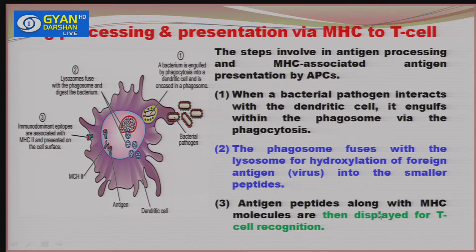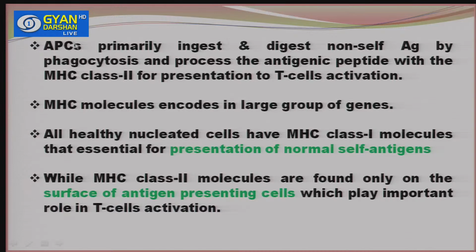Antigen peptides along with the MHC molecule are then displayed for T cell recognition. So antigenic peptides can be processed through the APCs, and ultimately they will be presented and recognized by the T cells. And APCs primarily ingest and digest non-self antigen by phagocytosis and process the antigenic peptide with MHC class second molecules for presentation for T cell activation.